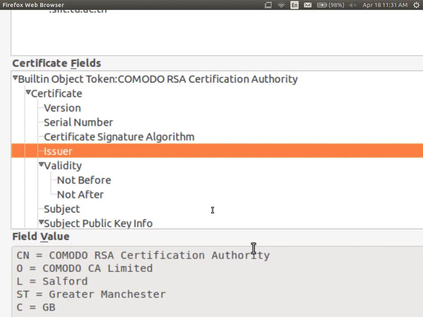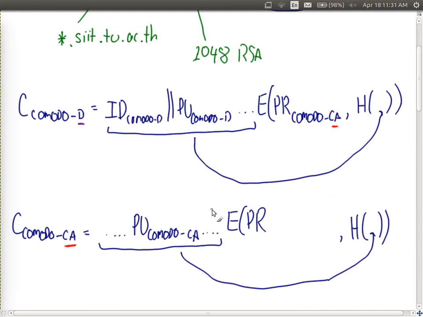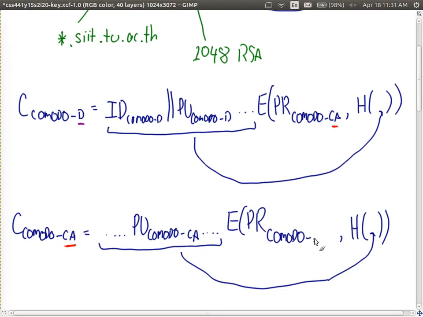They signed it themselves. Let's write it down. So the private key that was used to sign this was also of Komodo CA.